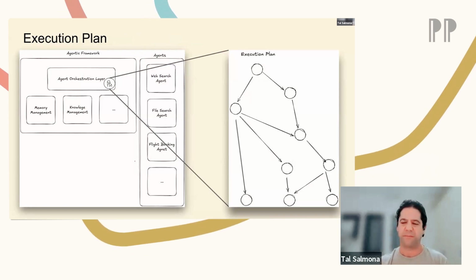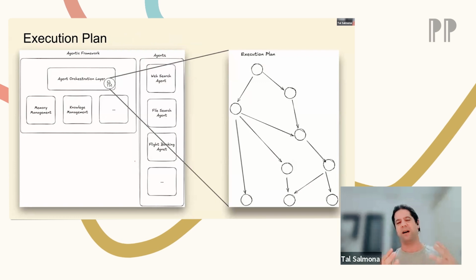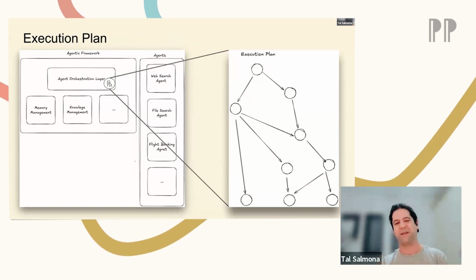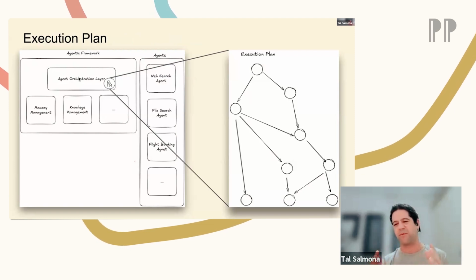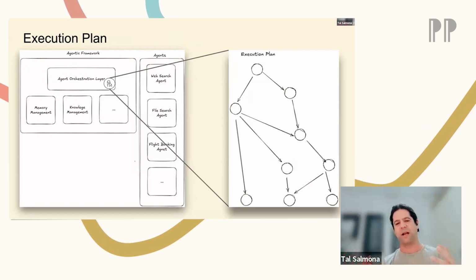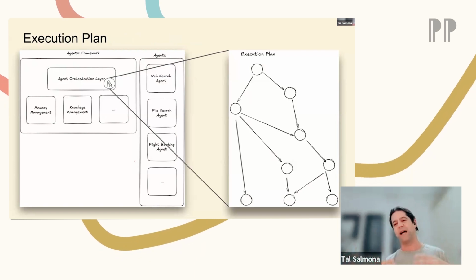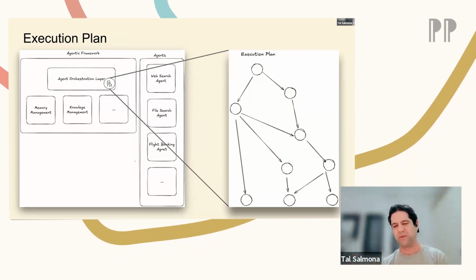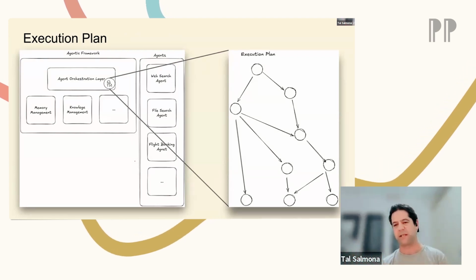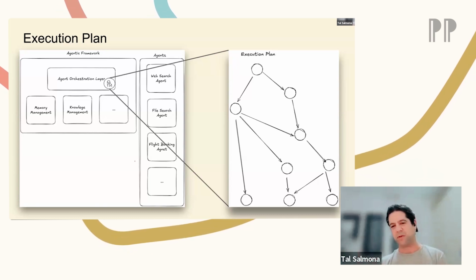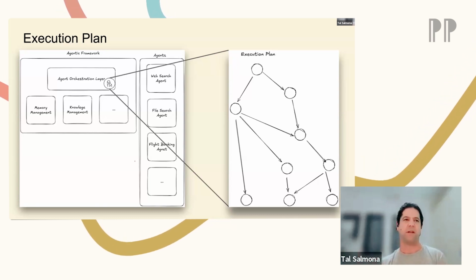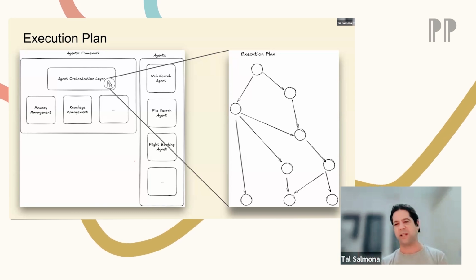So the execution plan is the attempt of the framework to say, okay, I'm taking the user's inputs, I'm understanding what kind of agents I have available, and I'm going to create tasks and assign them to these agents, and then run these tasks as best as I can. And it's important to note that this execution plan can be built in code, which is then not dynamic.